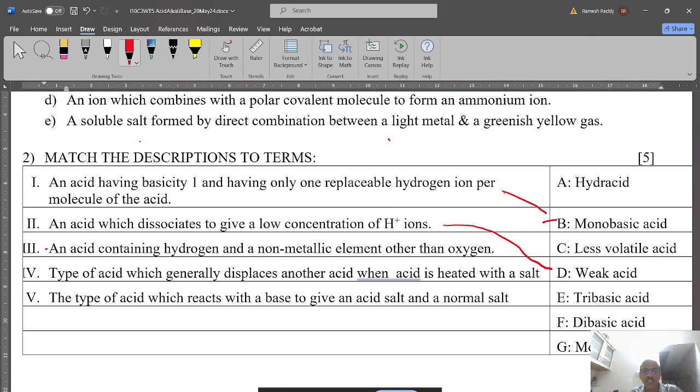It contains only hydrogen and one non-metallic element. What are these acids? Say for example HCl. HCl contains only one hydrogen atom, and chlorine is a non-metal. It does not contain oxygen. No oxygen in this.